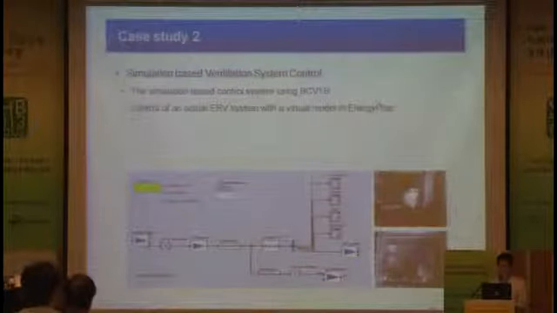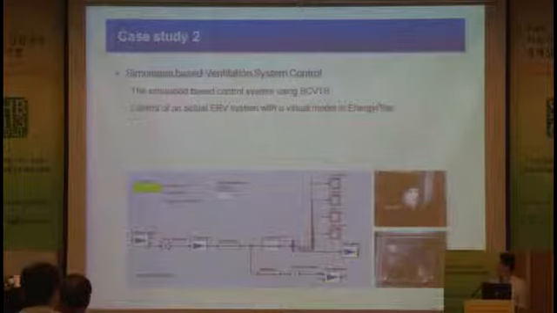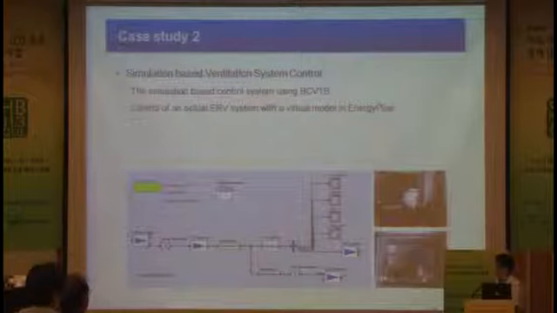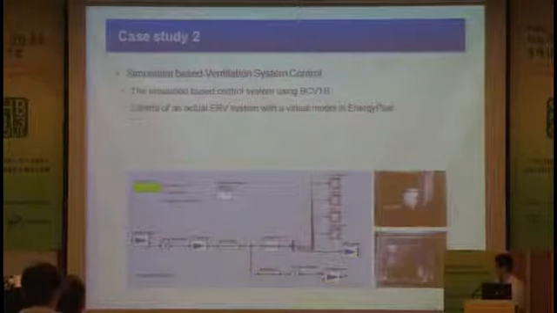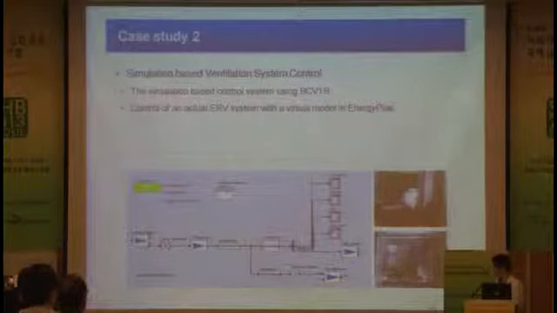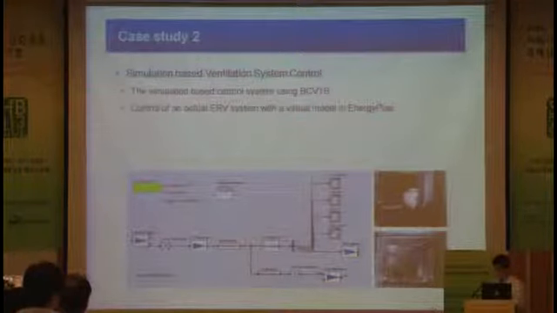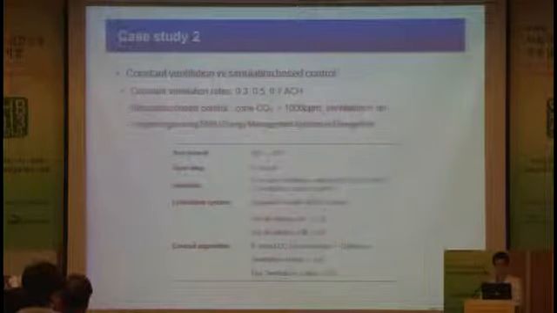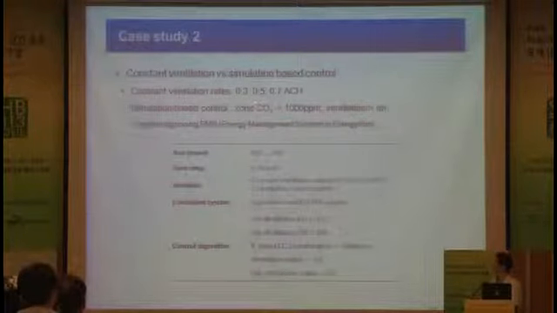The next one is about the ventilation system. This one shows the ERV system, which is connected to the BCVTB server. This figure shows the BCVTB program. And this one shows a control device which is connected to the ventilation systems. In this case, we ran a couple of ventilation strategies, with 0.3, 0.5, and 0.7 air change rates for a specific building.